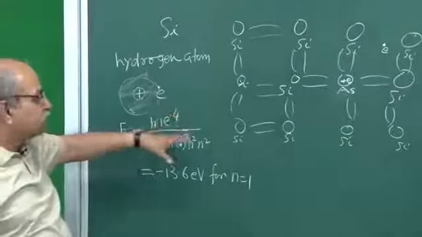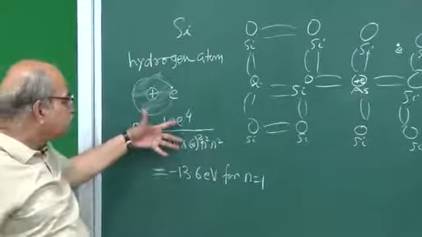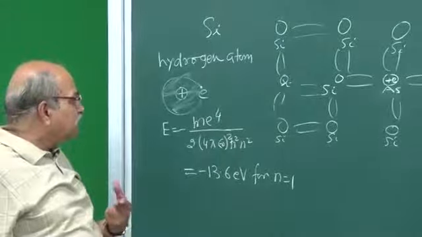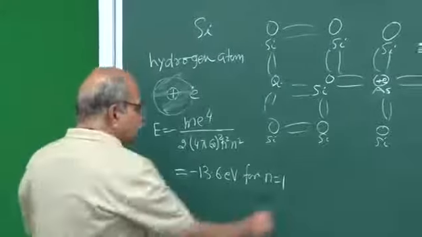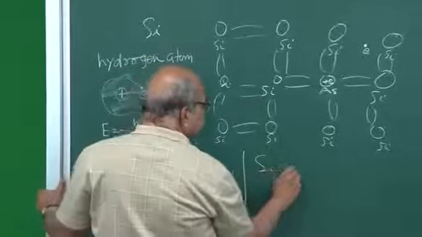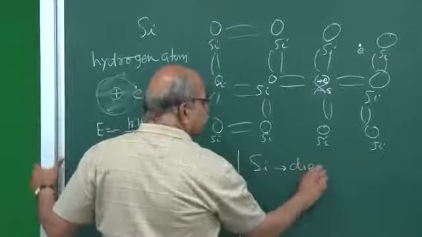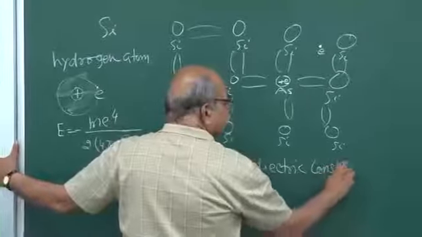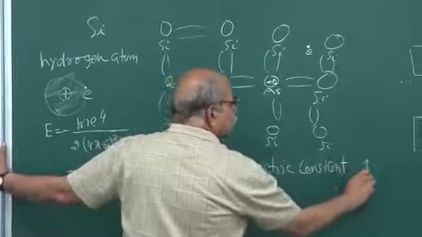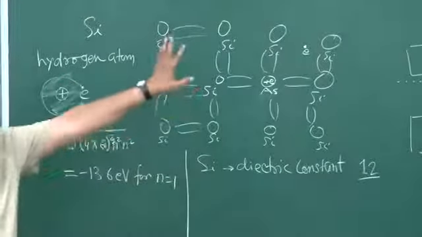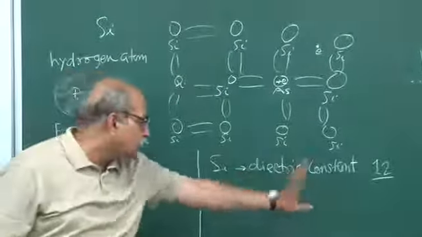The same expression one can approximate with two modifications. One is that it is in a silicon crystal, and silicon has a dielectric constant of approximately 12, 11.67 etc., so roughly 12.